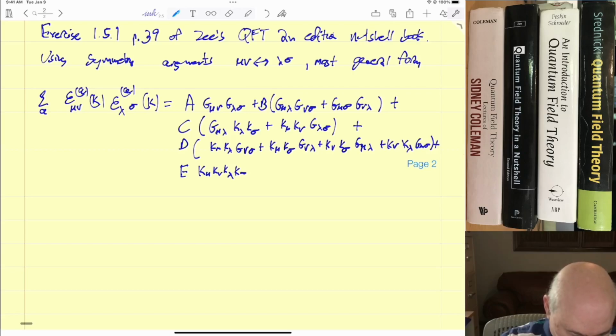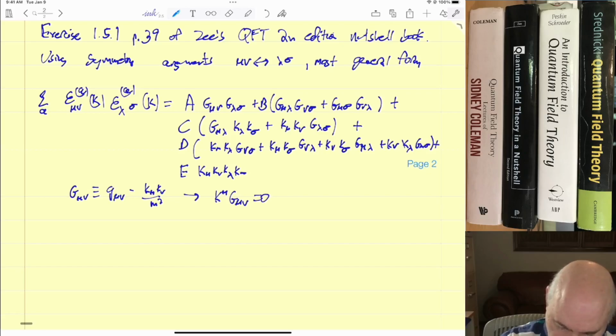So now we're going to use the definition. By the way, this implies that k mu g mu nu equals 0.